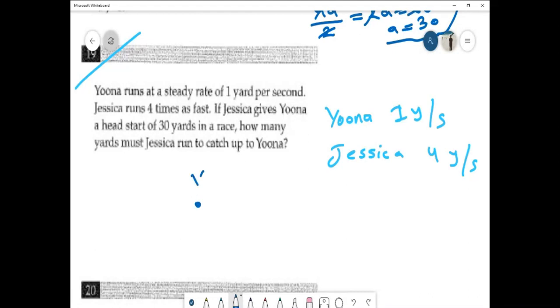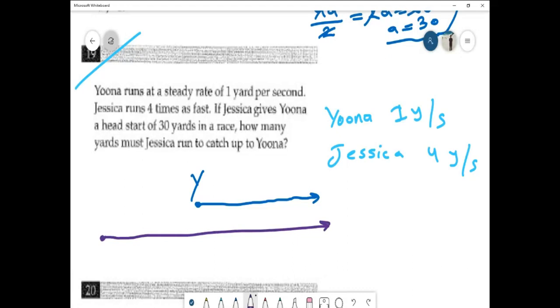Okay. So, if Jessica gives Yuna a head start of 30 yards in a race, how many yards must Jessica run to catch up to Yuna?